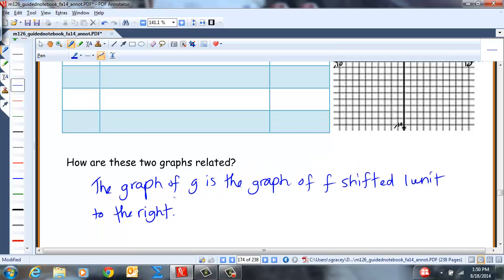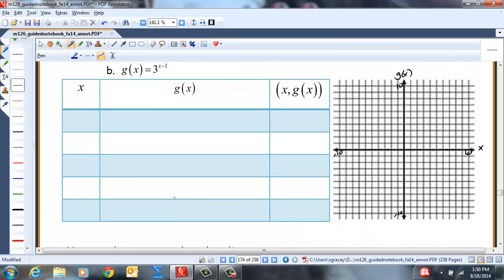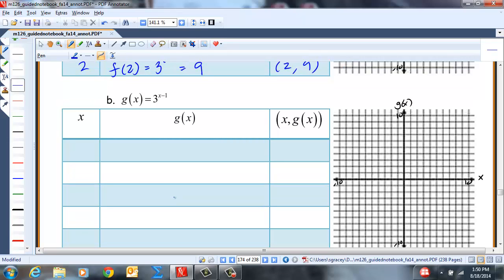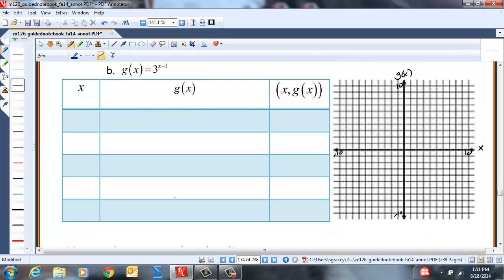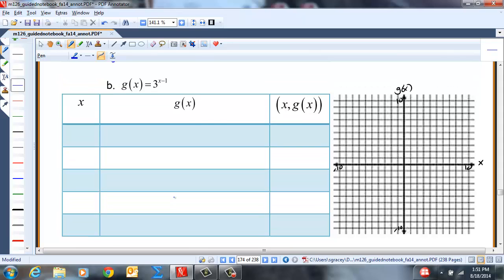So again, you can fill in the chart if you want, but let's graph this one using transformations. So it's supposed to shift by 1 to the right. So let's start with the ordered pair 0, 1 that we had. Instead, it'll be at 1, 1, shifting 1 to the right. And then we had an ordered pair at 1, 3, so now it's going to be at 2, 3. And then we had an ordered pair at 2, 9. So now that's going to be at 3, 9.